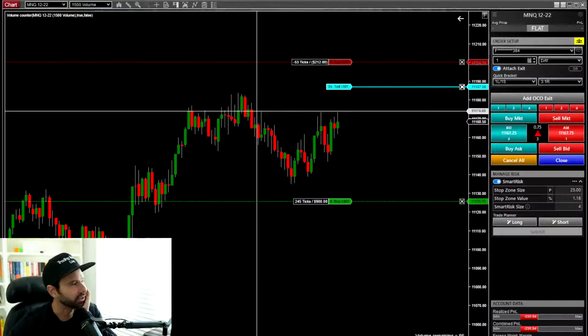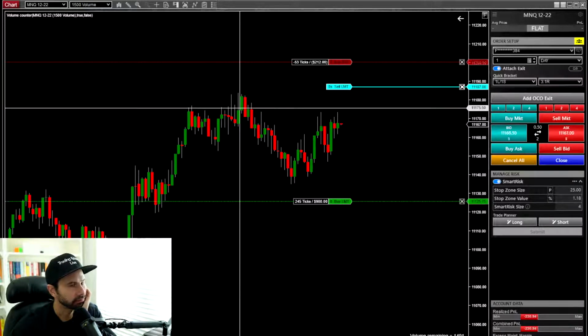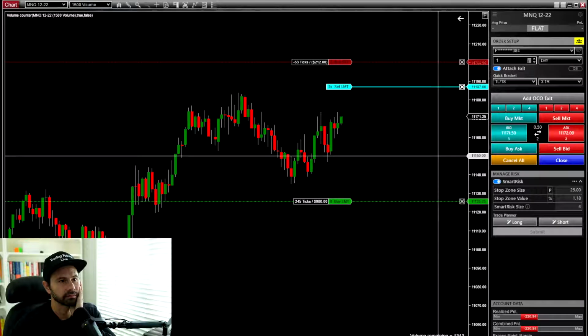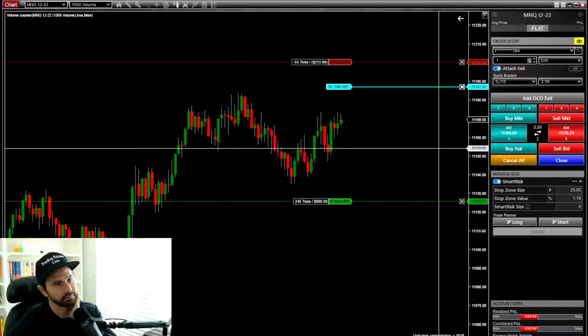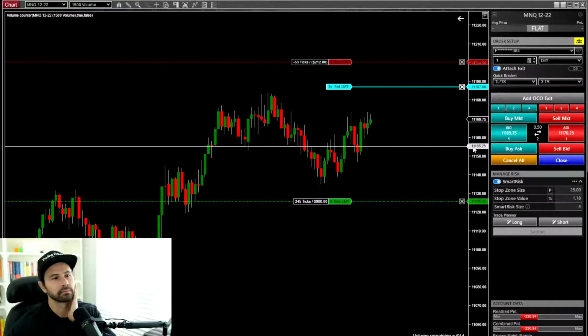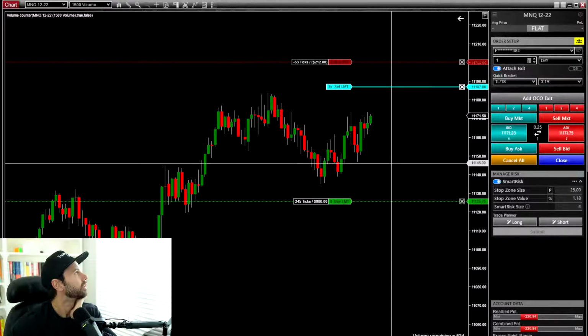Wow, tick chart is pretty choppy though. It's trying to break to the upside. Yeah, the ES is breaking higher. 7 more minutes.